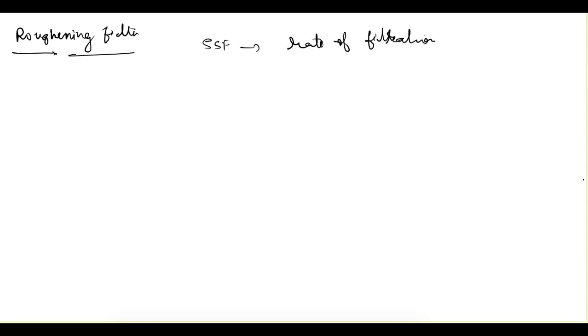This is because we are using very small particle size, and because of this, whatever suspended impurities come, they clog this filter. Because of this clogging, it doesn't work very well.